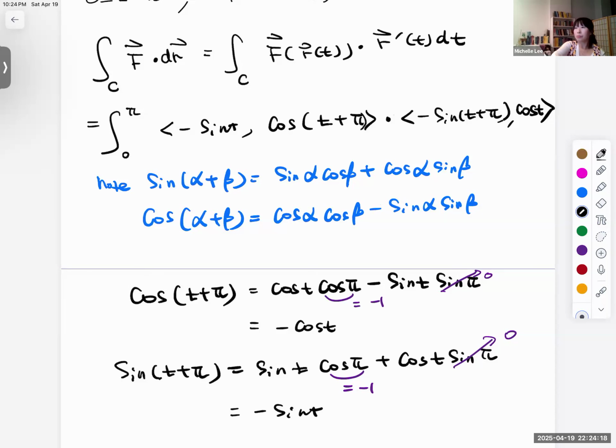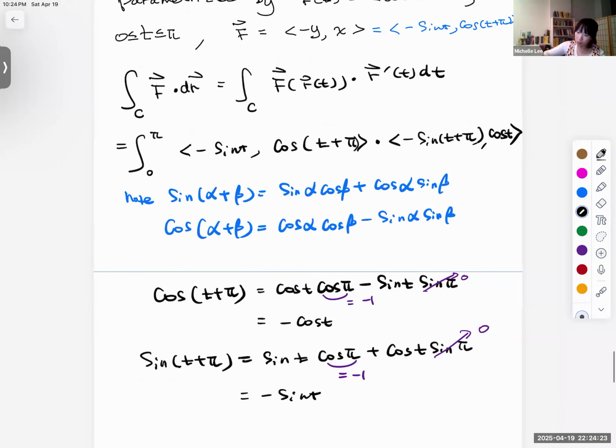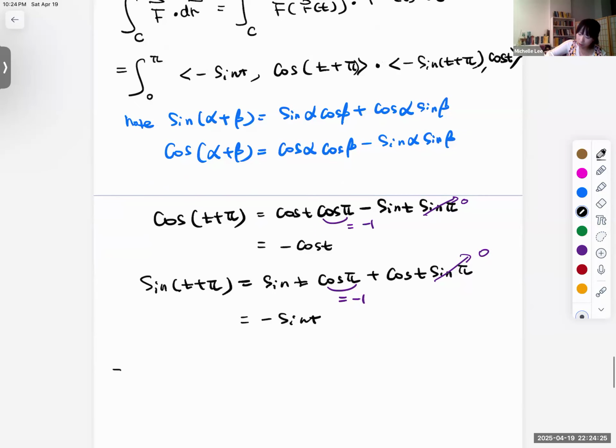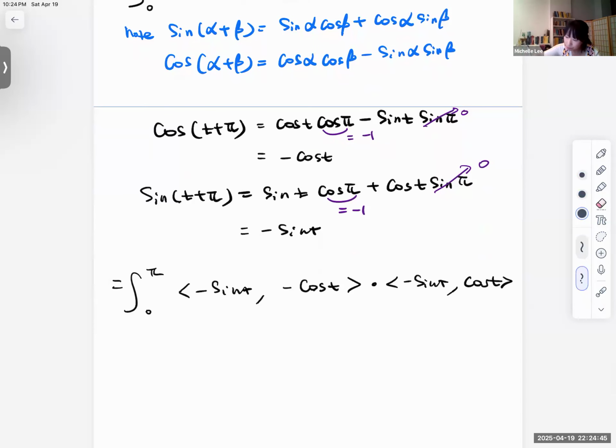Now let's write it down. From 0 to pi, negative sine t, cosine t plus pi is negative cosine t, dot product with negative sine t, cosine t. Is it hard to see? Better?